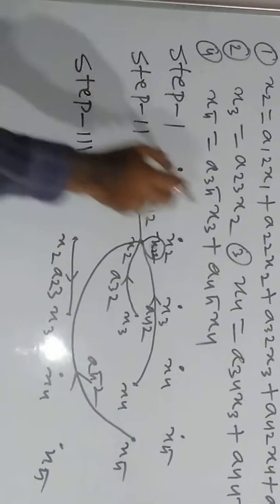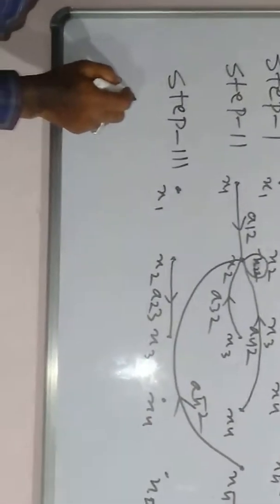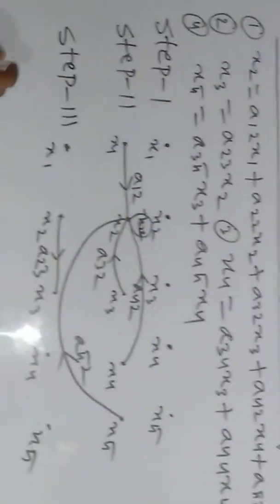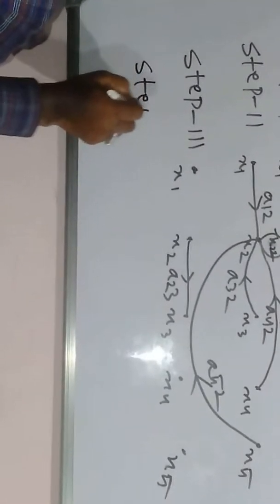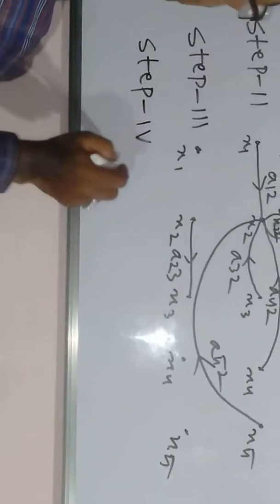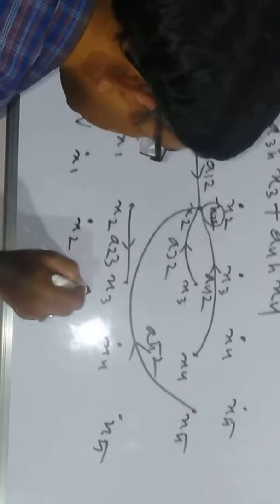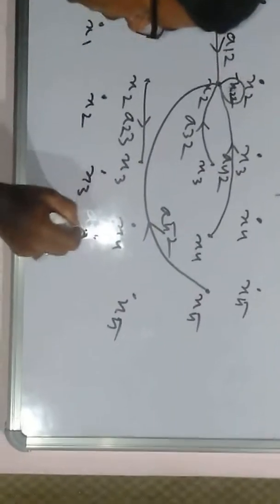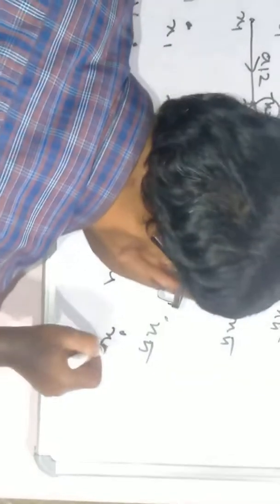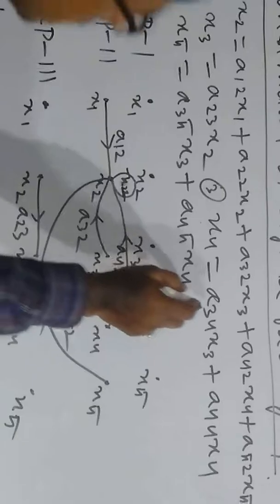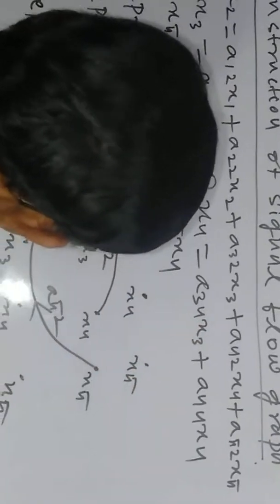Then equation number 3, we have to draw the signal flow graph for equation number 3. That is step 4. This is x1, x2, x3, x4, x5. So equation number 3, x4 is equal to a34 x3.